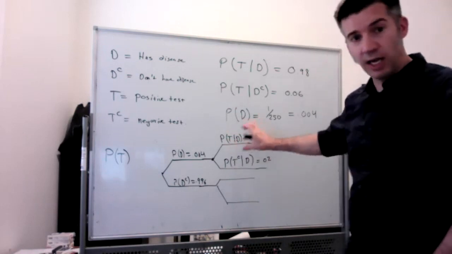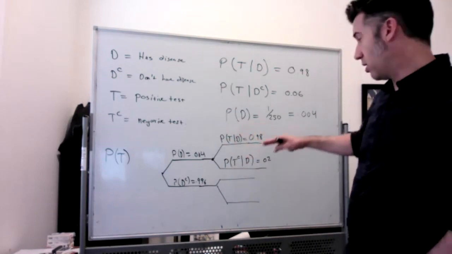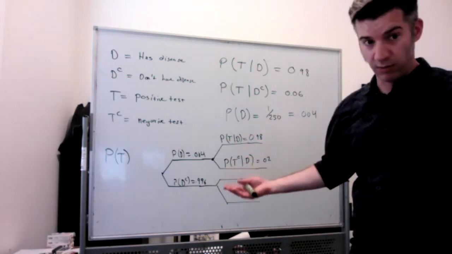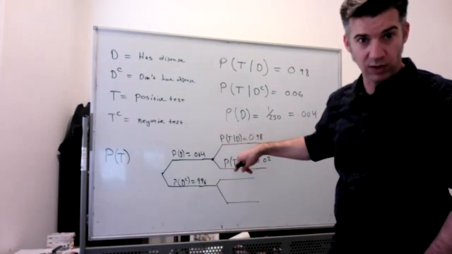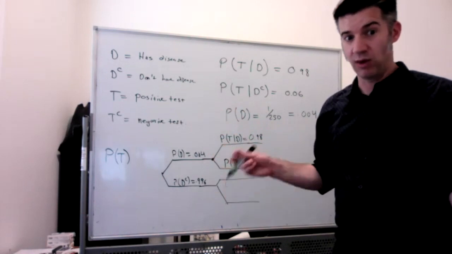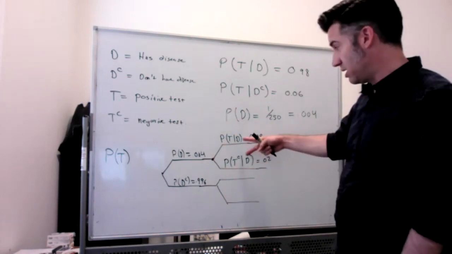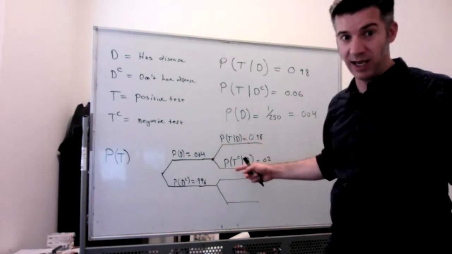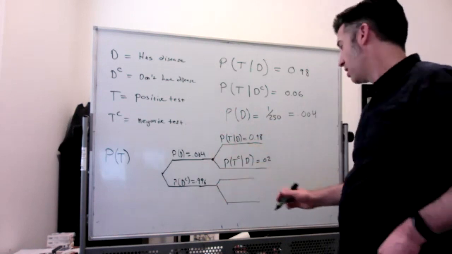The nice thing about each branch here is that the probabilities always have to add up to 100%, because it's either this choice or this choice. If you have the disease, either you test positive or you test negative. There's no inconclusive test results.